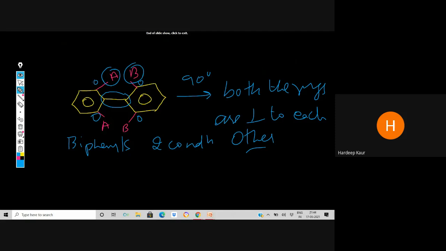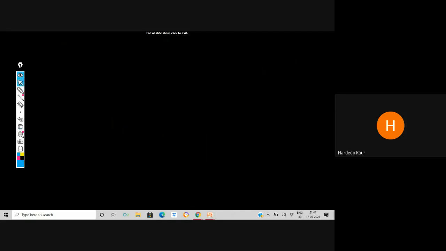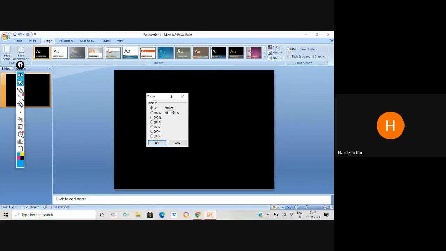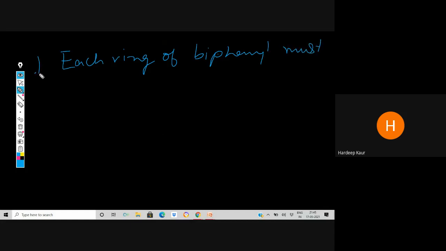So let us take these two conditions. The first condition is each ring of the biphenyl must be unsymmetrically substituted. So this is condition number 1.